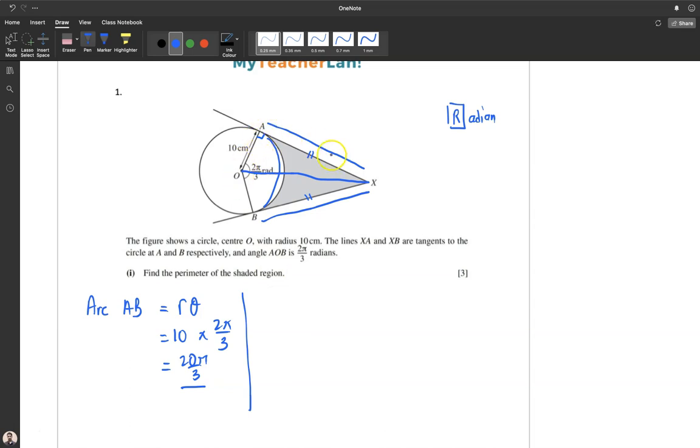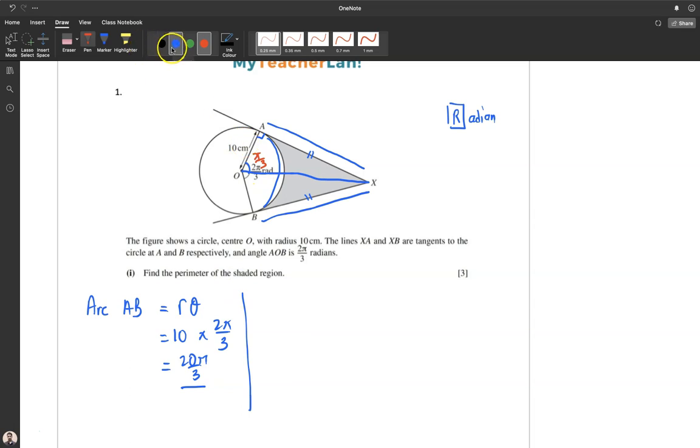This right angle triangle already has a 10 centimeter height, so it makes it a lot simpler because I can also make use of this angle here. My original angle was 2 pi over 3, but if I divide this by 2, I get a new angle. The reason I divide by 2 is because we just divided the entire shape in half. So this new angle should be pi over 3.